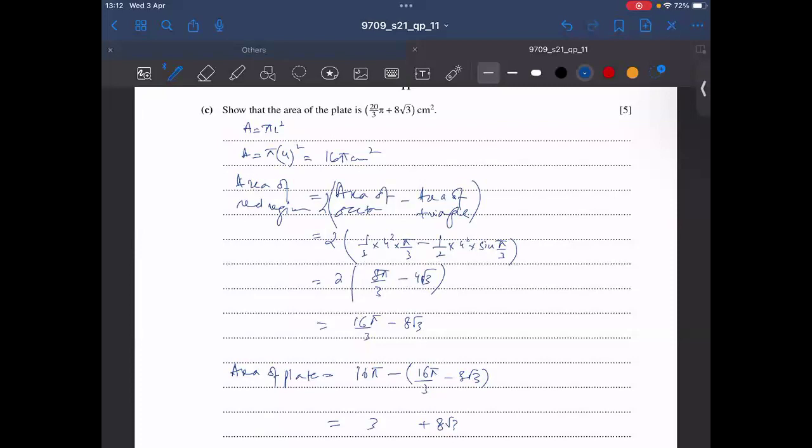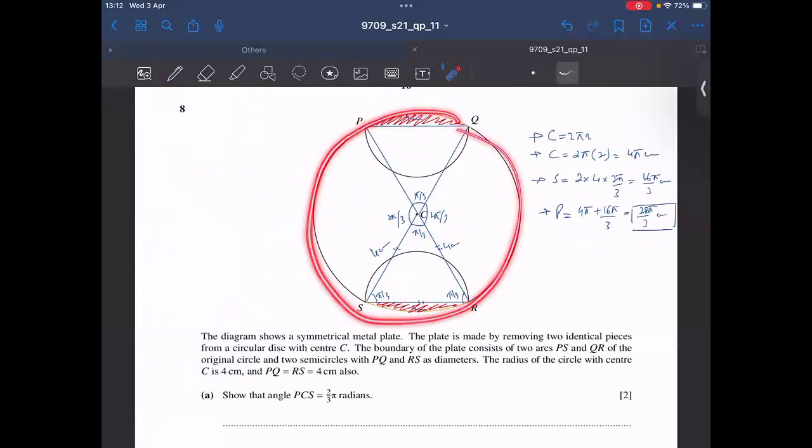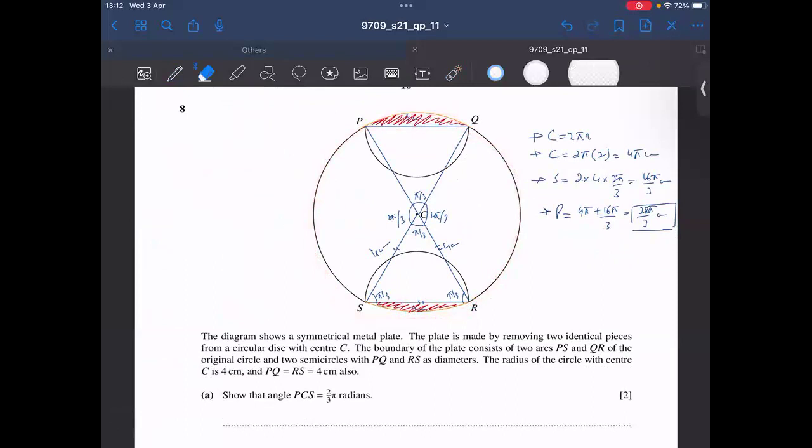There's some mistake over here. I need to look at that mistake. So basically, we have calculated the total area of these red regions. And from now, the area of the circle, I need to subtract. All right, I need to subtract the areas of these red regions to get the area of the plate.